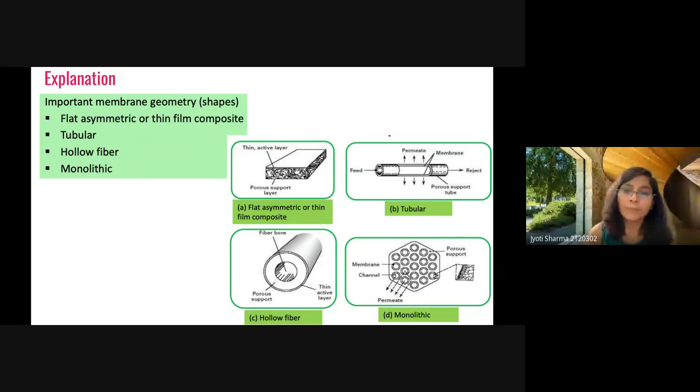And then hollow fiber, this is again like a pipe only, but with more hollowness in it. And we may have monolithic, so this is a honeycomb-like structure we may find within that membrane. So these are different geometries or shapes that we use to develop this kind of membranes.